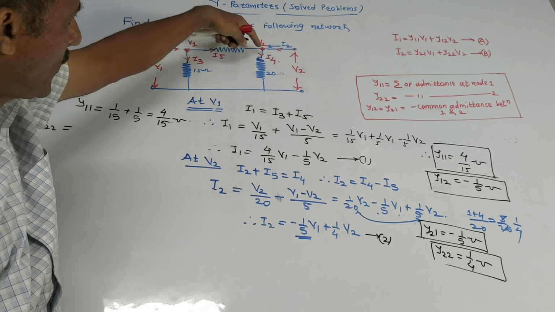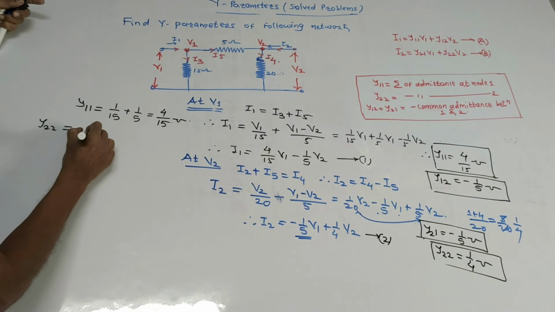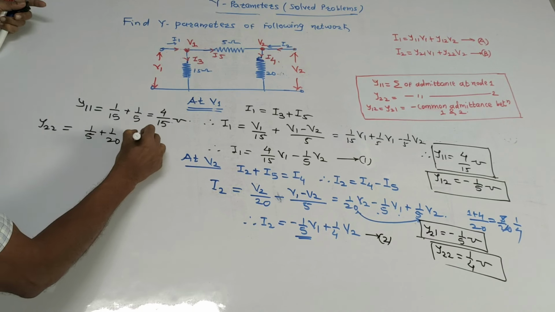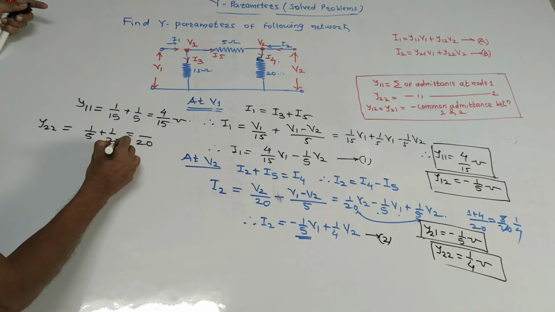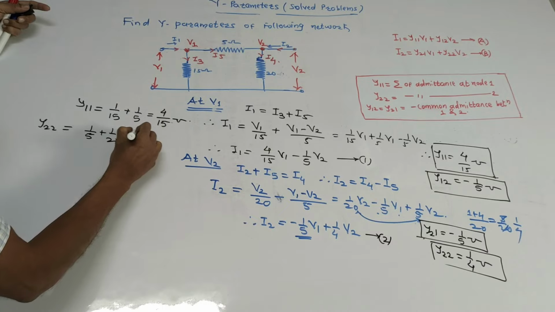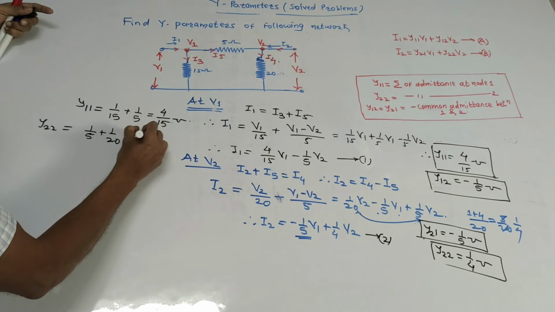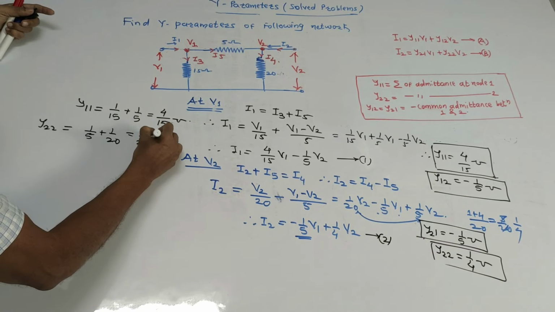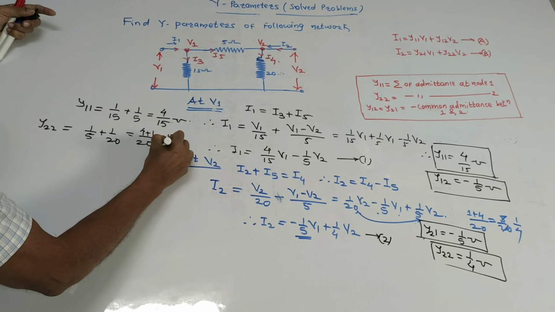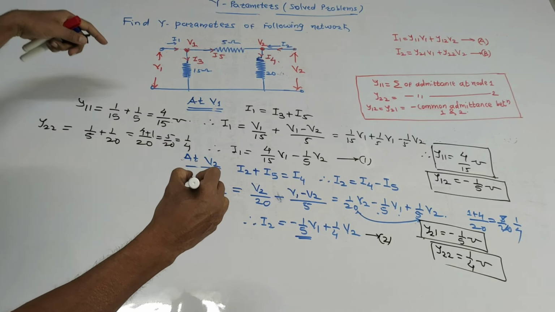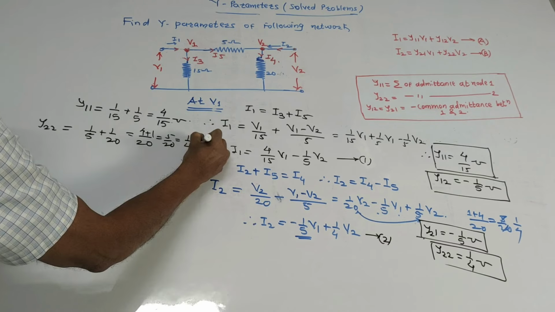At node 2, we have 5 ohm and 20 ohm. So again, take the reciprocal, 1 by 5 plus 1 by 20. LCM will be 20, and it is 4 plus 1, that is 5 by 20. 5 by 20 is again 1 by 4.